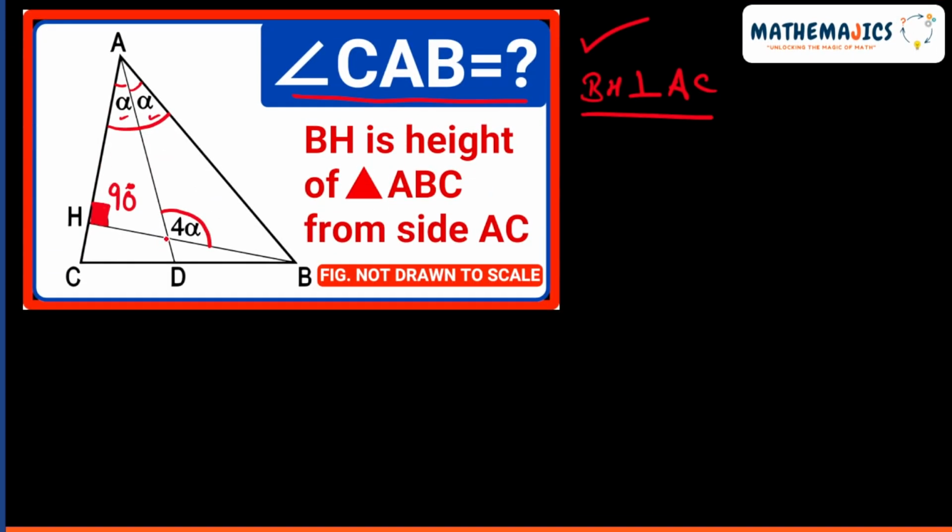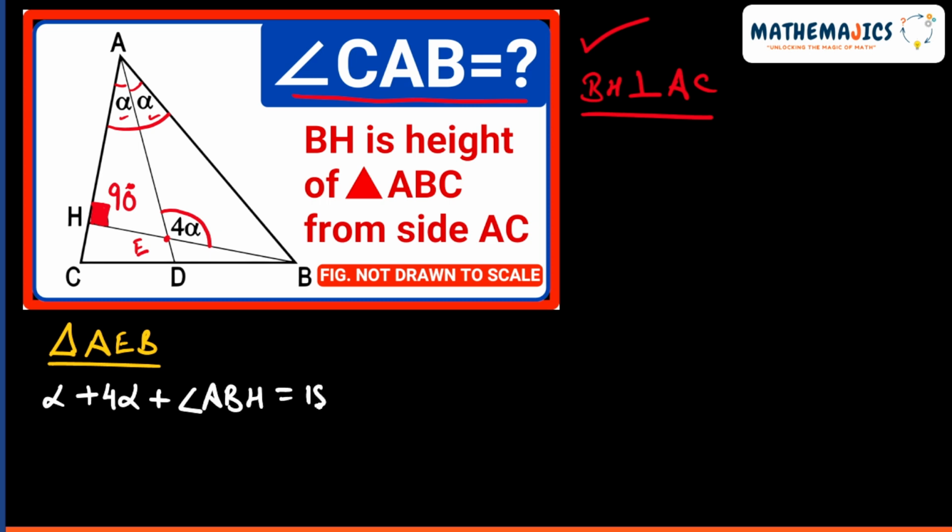Let this point be point E. Okay? So let's start with triangle AEB. Yes. So in this triangle, we have angle alpha plus 4 alpha plus angle ABH. These three angles add up to 180.